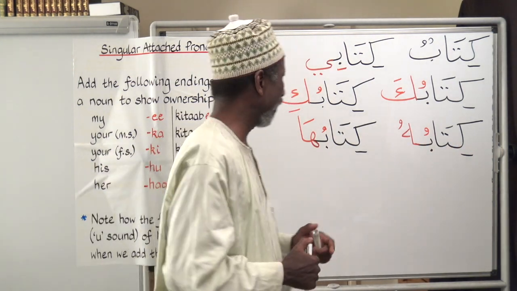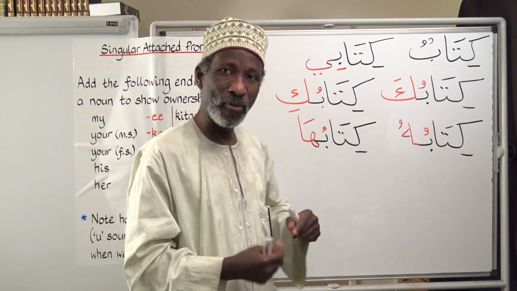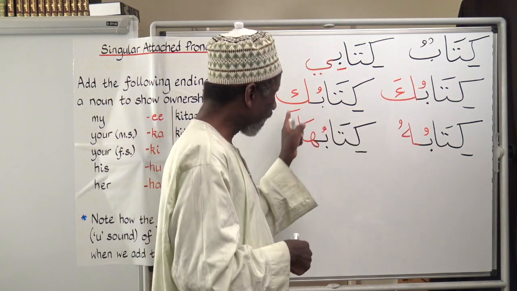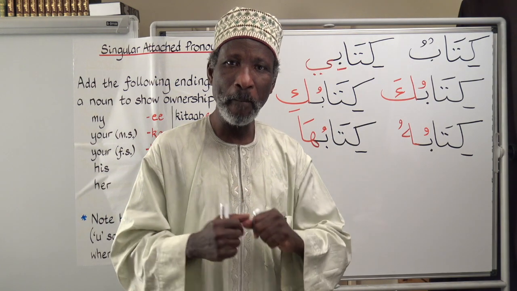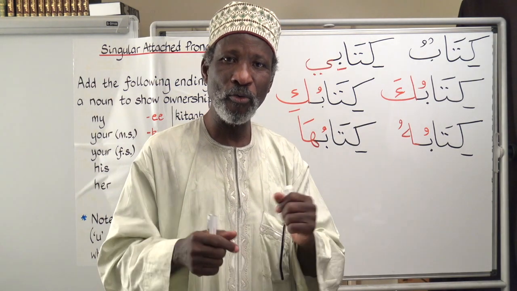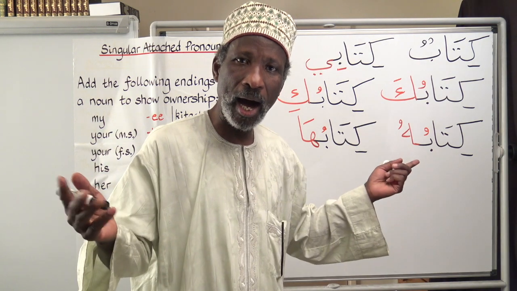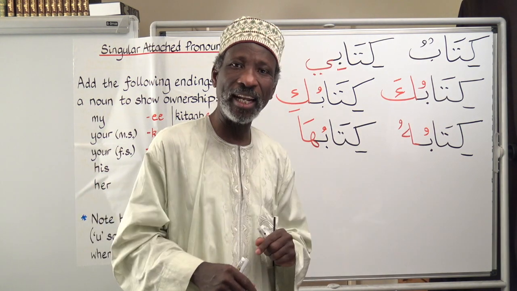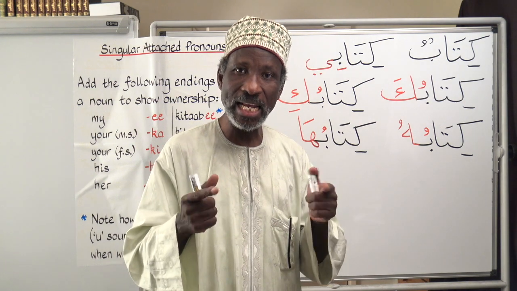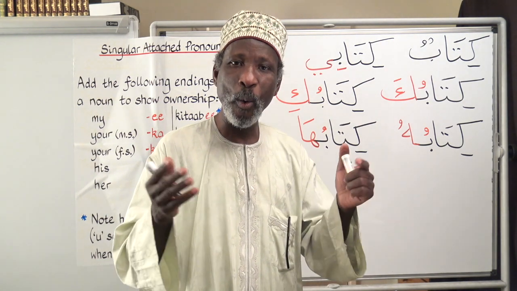As simple as that, really. So i ending for my, ka for you male, ki for you female, and then his and hers is hu and ha ending, kitabu ha. So i, ka, ki, hu, ha.